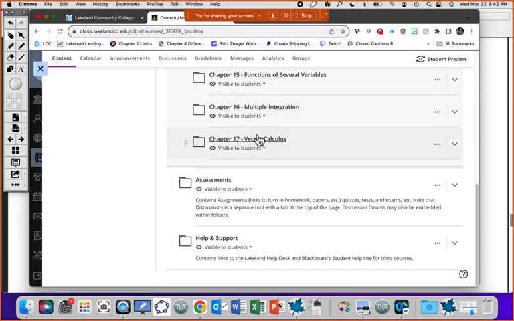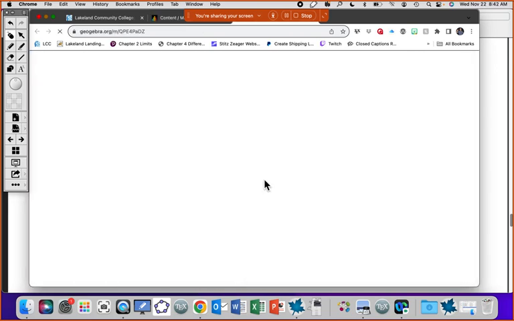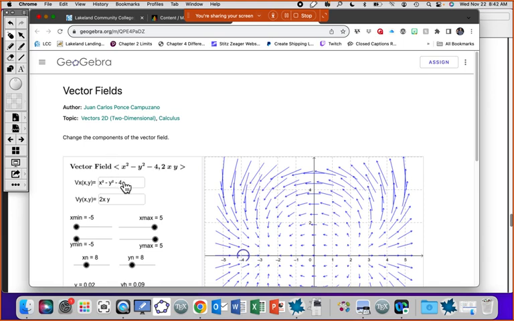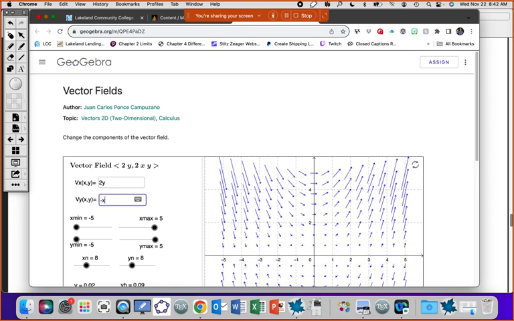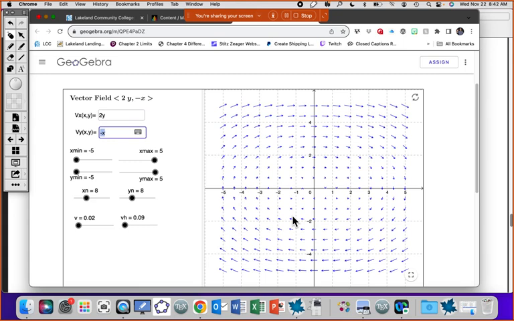So vector calc, two-dimensional plotter. Let's put in our 2y and our minus x. There it is.